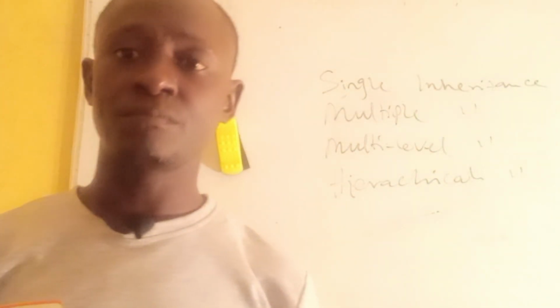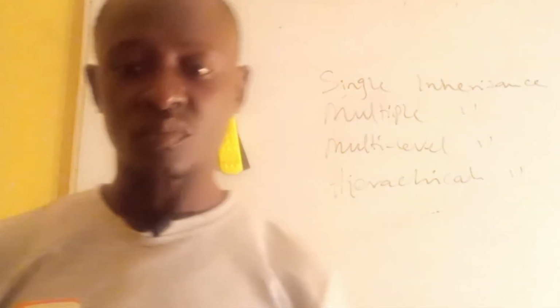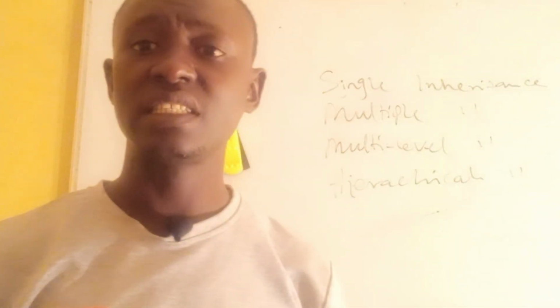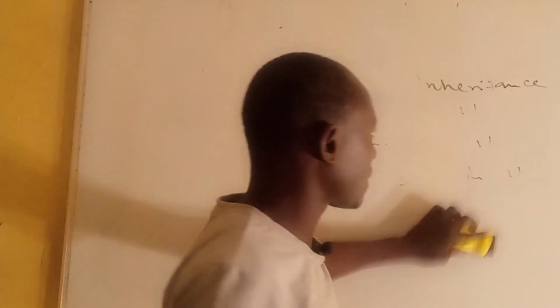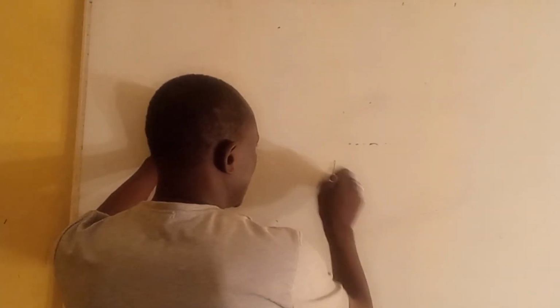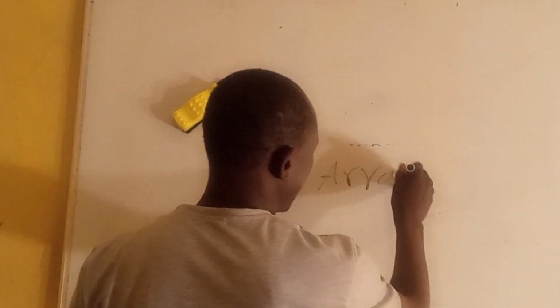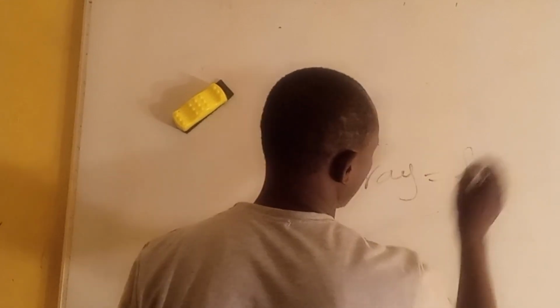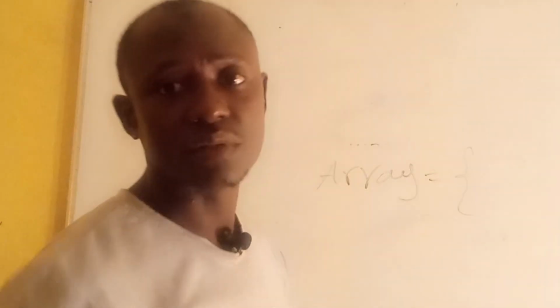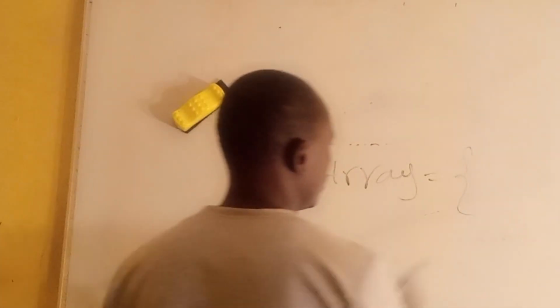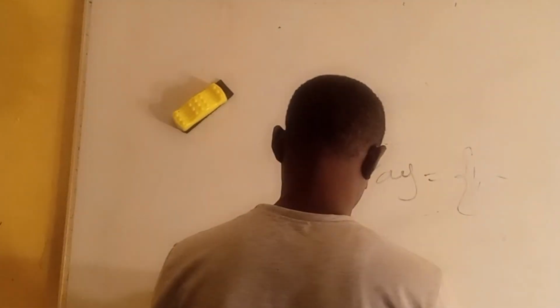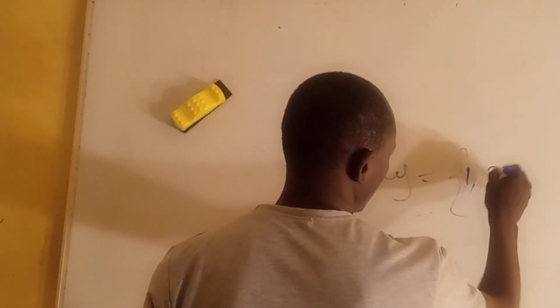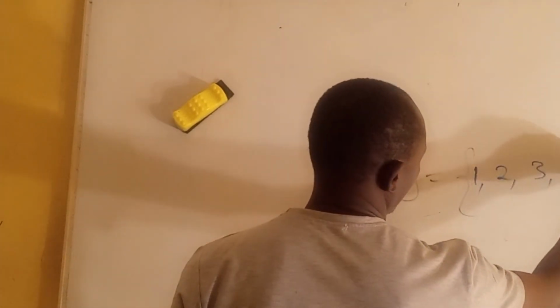When we talk about arrays, they are lists of elements that you declare in an array form. Say, array equals 1 2 3 4 5.